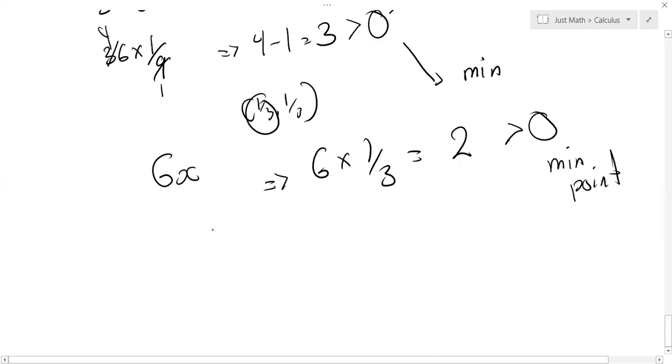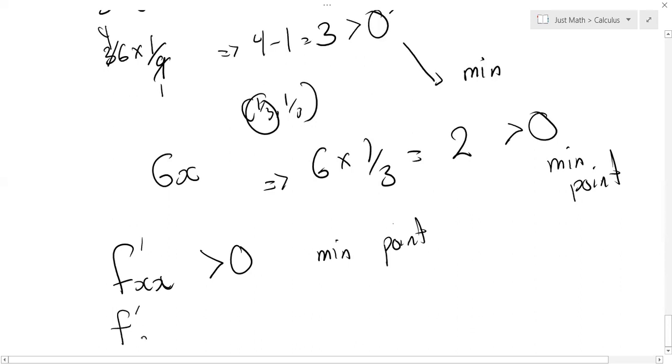If f prime xx is greater than 0, you have a minimum point. If f prime xx is less than 0, you have a maximum point.